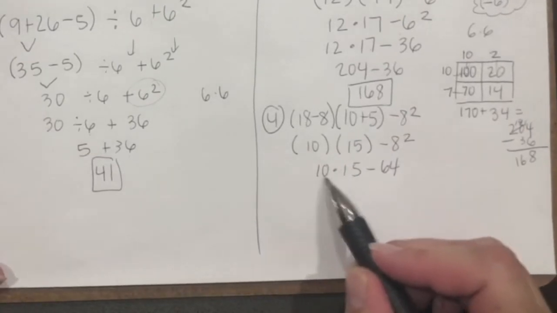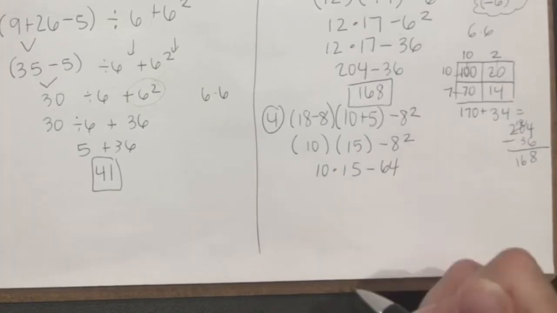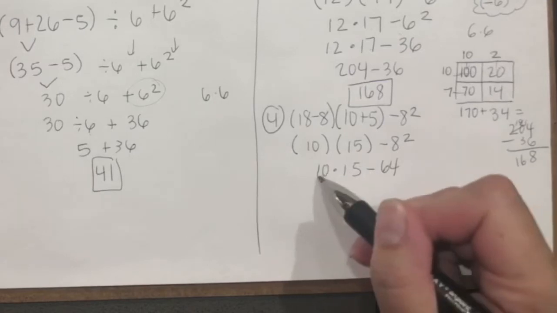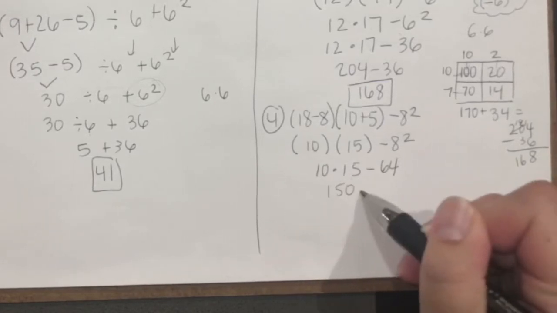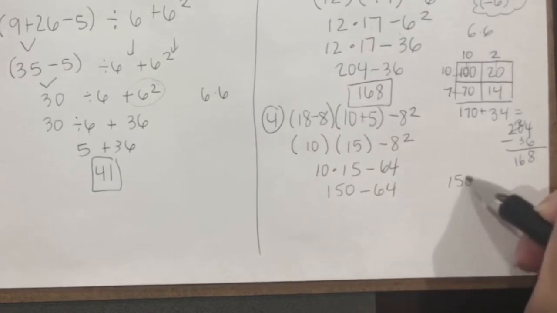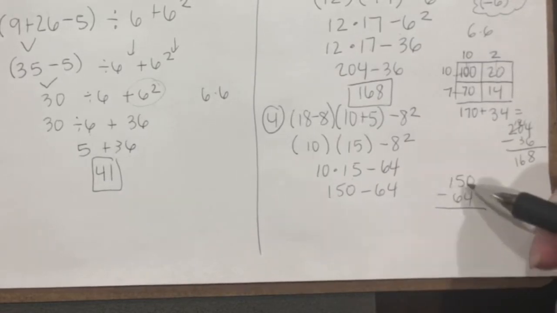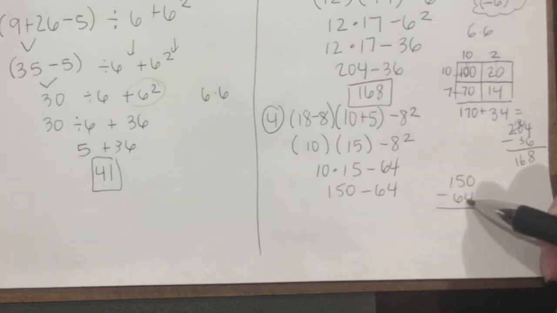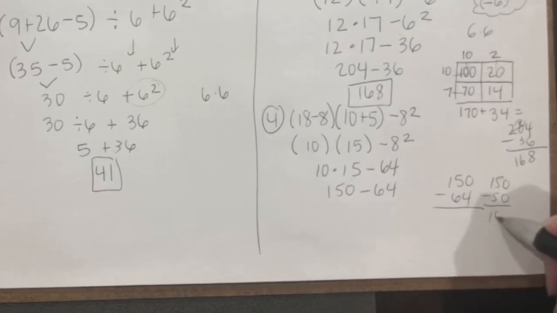So we're going to do multiplication first and then the subtraction. Multiplication comes before the subtraction. 10 times 15, well, anything times 10, you just put a 0 on it. So that's 150 minus 64. If 150 minus 50 would be, I'm going to do it like this. 150 minus 50 is going to be 100.